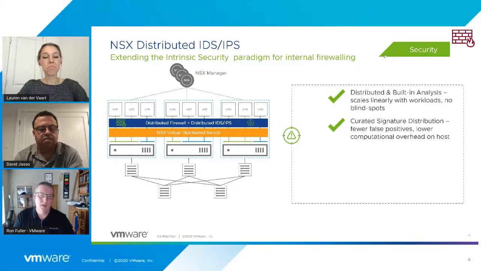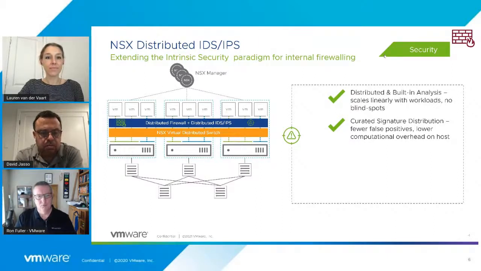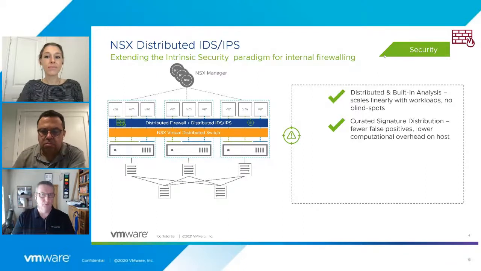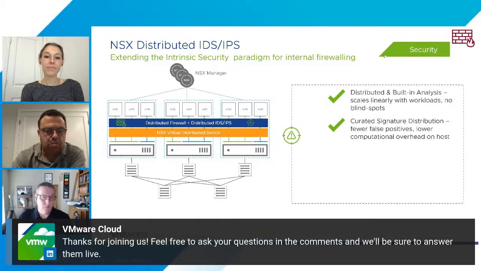So it definitely helps from that perspective. We also utilize a very curated signature distribution methodology that allows us to be selective about the signatures we implement in the solution, which results in fewer false positives and, equally important, lower overhead on the host, right?